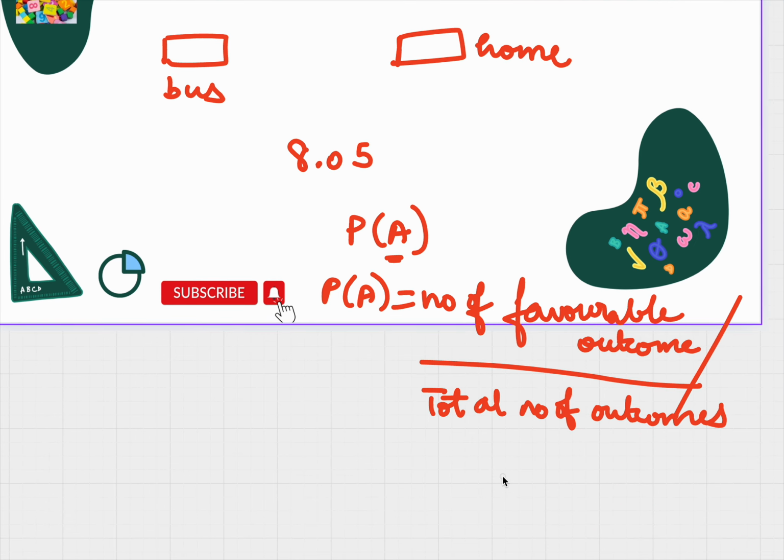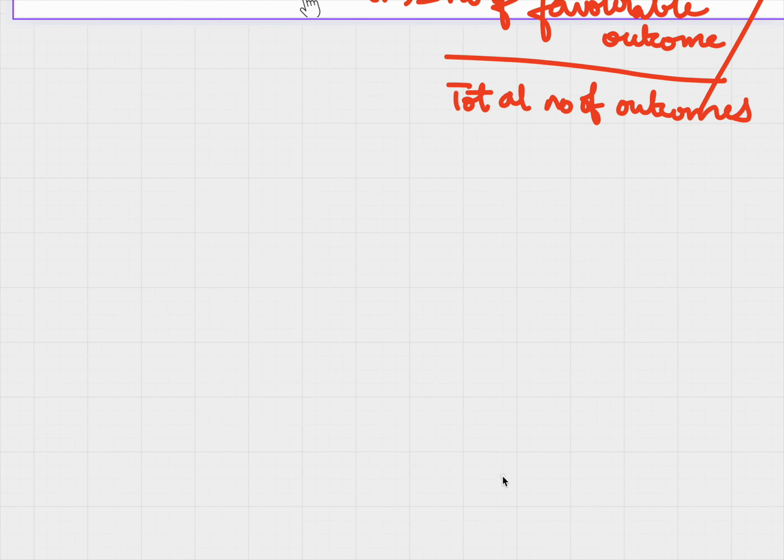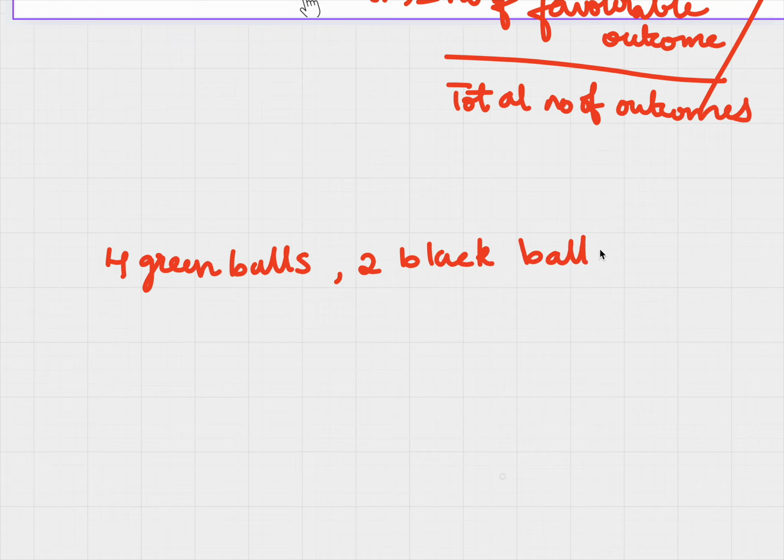For example, let's say there are 4 green balls and there are 2 black balls. Now you have to randomly pick one of the balls.